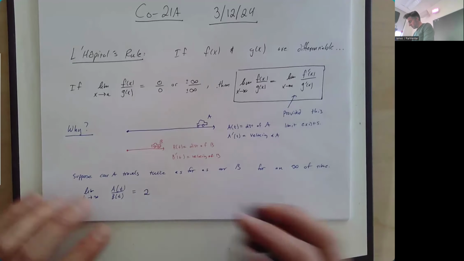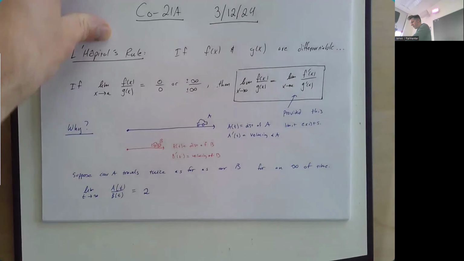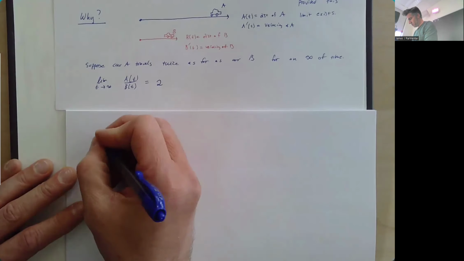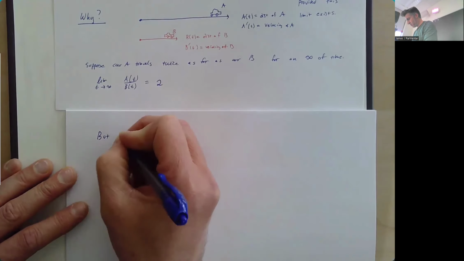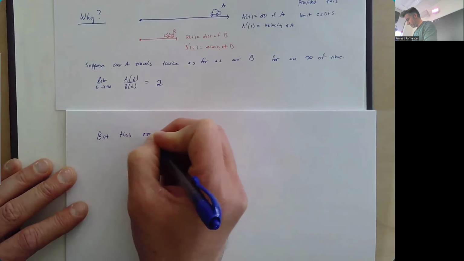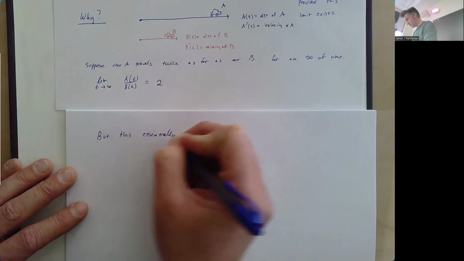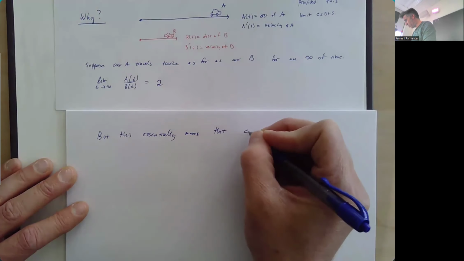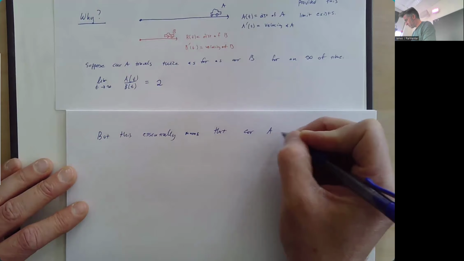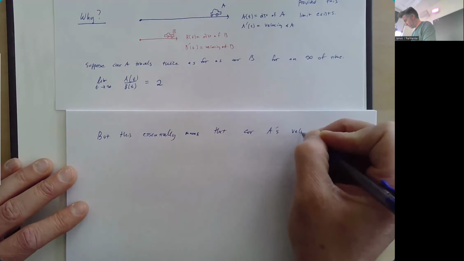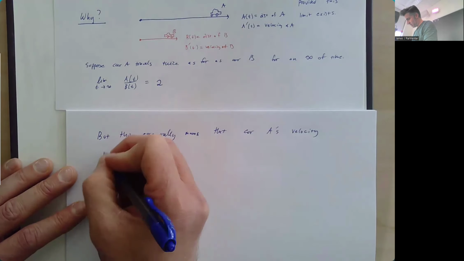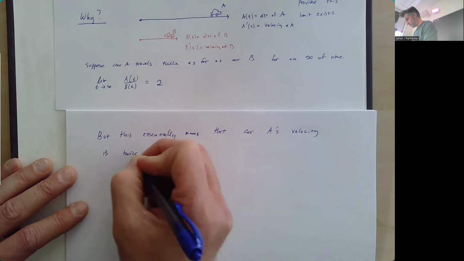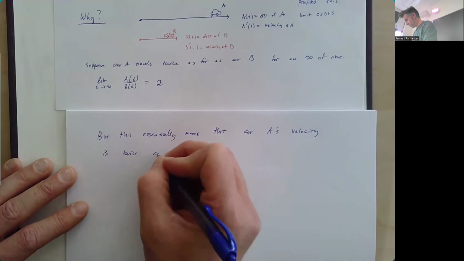Or in other words, of course, I've run out of room at the most important part. This essentially means that car A's velocity is twice car B's velocity.